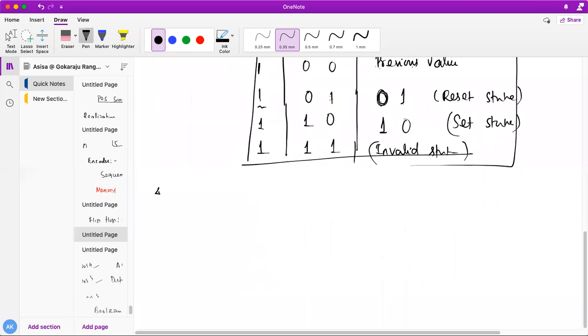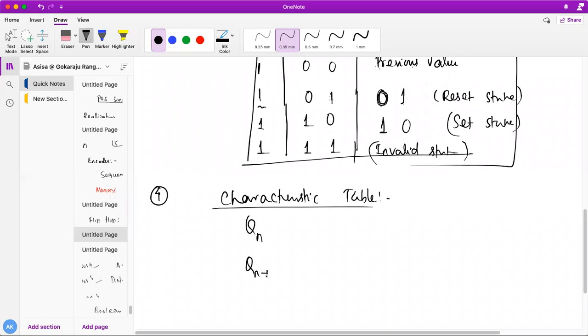In the next part, the fourth one, we will study the characteristic table. What is the characteristic table? It tells about the character of the flip-flop, its states. There are two states of the flip-flop: one is Qn, another is Qn plus 1.